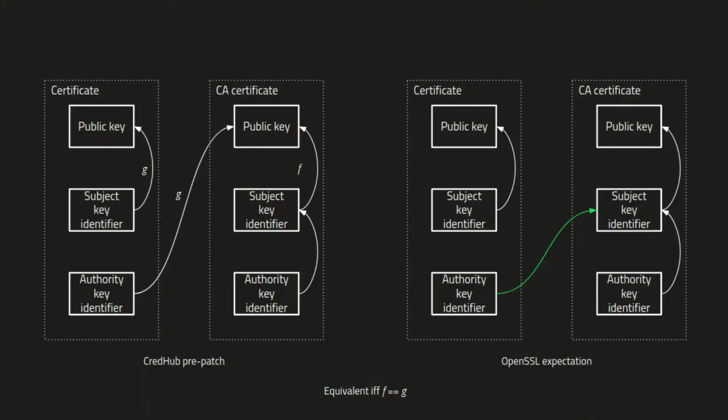But say we used SHA-256 to derive the subject key identifier of the CA, and SHA-1 to derive the authority key identifier of the certificate, then the certificate, when validated against the CA, will not be valid according to OpenSSL.